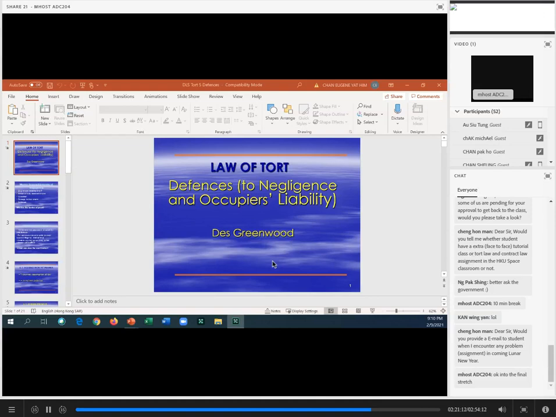Occupiers liability you should know, not must know, but it's similar to negligence in that occupiers liability applies where you have an occupier, somebody who's in control of premises, and he owes a special duty very similar to a negligence duty to visitors on the premises. Okay, so there is actually legislation in Hong Kong called the Occupiers Liability Ordinance. And so the defences we're going to talk about here are defences not only to negligence but also occupiers liability.